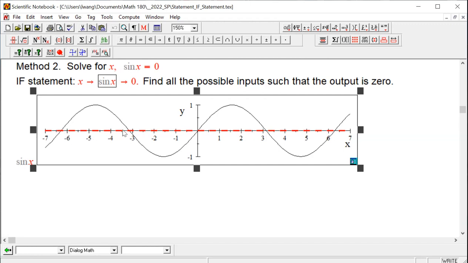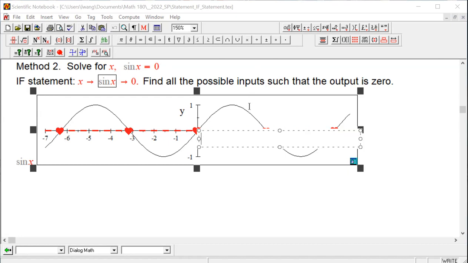At the points of touching, what are those points? Every point tells me the same output, don't they? Let's mark these points. And what is this point? That's easy, right? 0, 0.